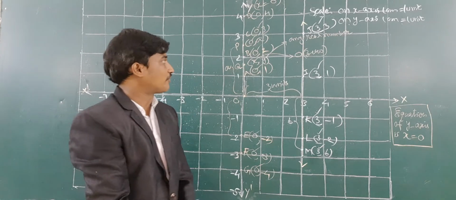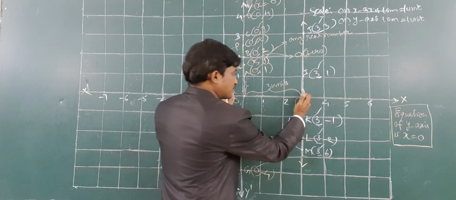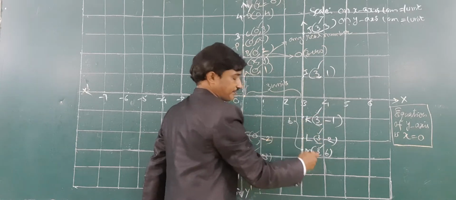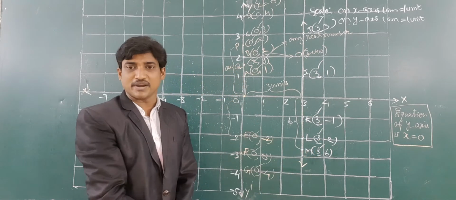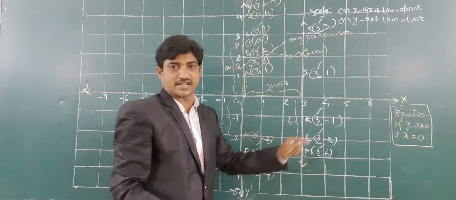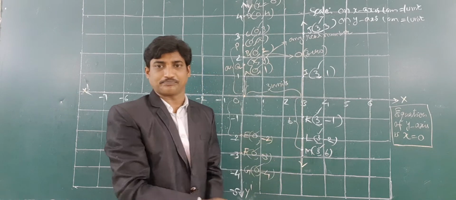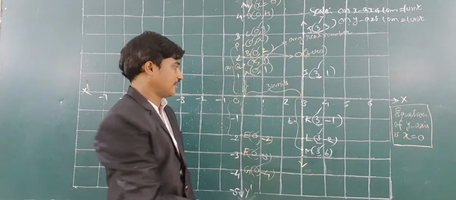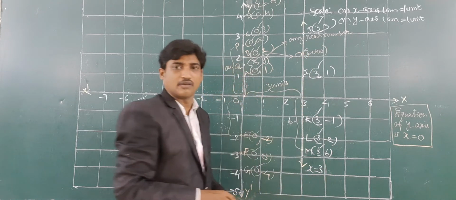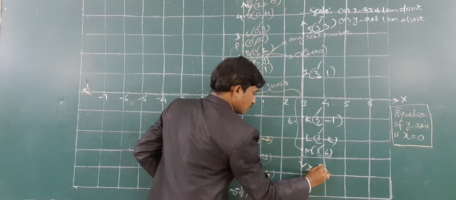But for every point on this line, which is at a distance of 3 units from y-axis, the x coordinate is constant 3. Every point is following the rule that x coordinate is 3, so we can describe this line with the equation x is equal to 3.